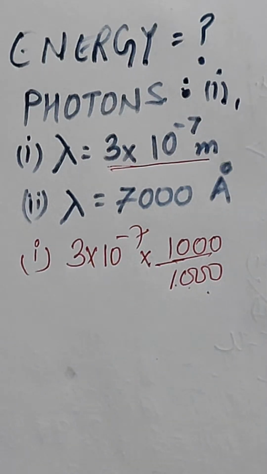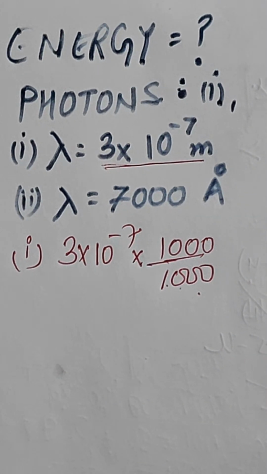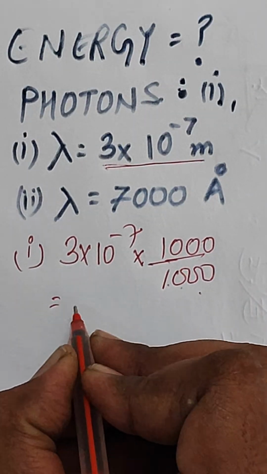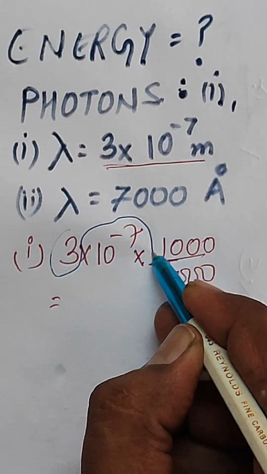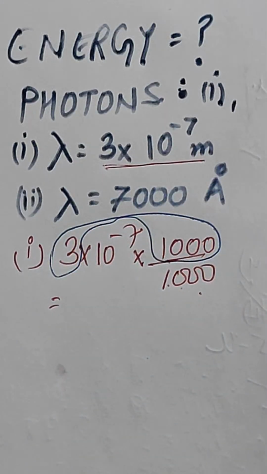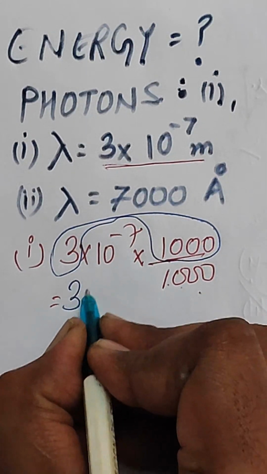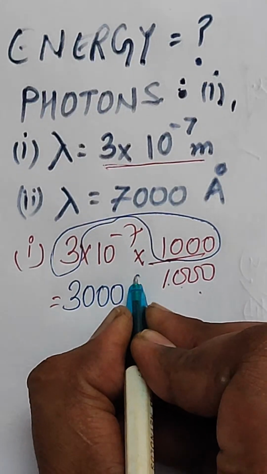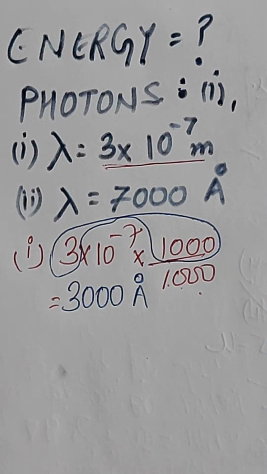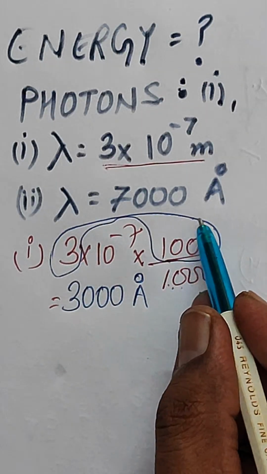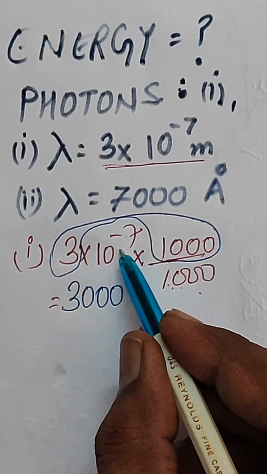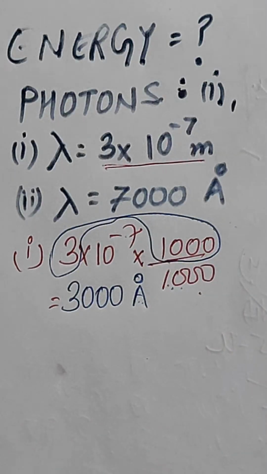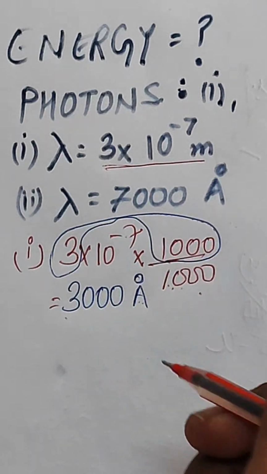We combine 3 and this 1000 together, so this will be 3000 angstrom. The 1000 goes into the numerator, and 10^-7 and 10^-3 with the same base add exponents to 10^-10, which is angstrom. Now we have both wavelengths in angstroms, that is 3000 and 7000.